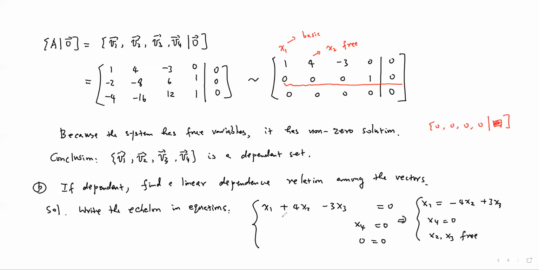Now let me pick one non-zero solution. Say, let me set x2 to be 1 and x3 to be 0.